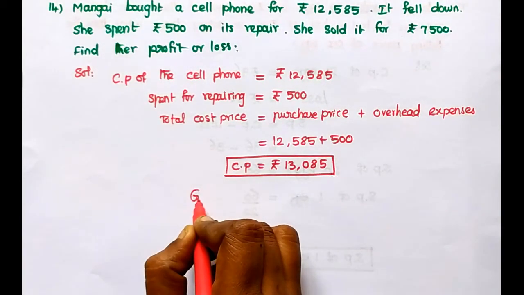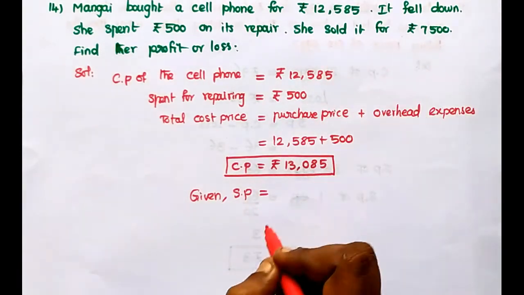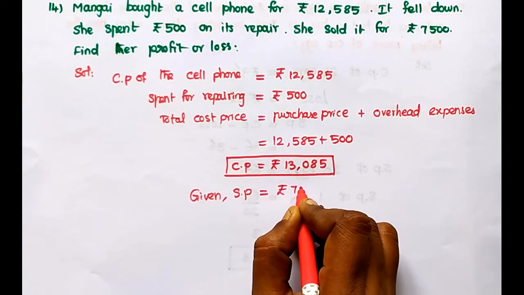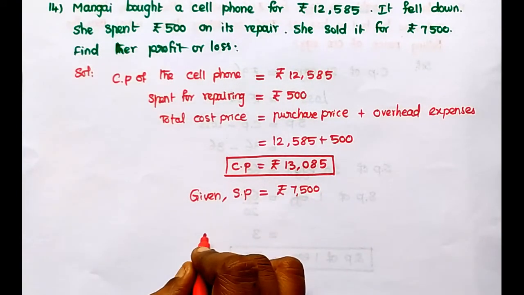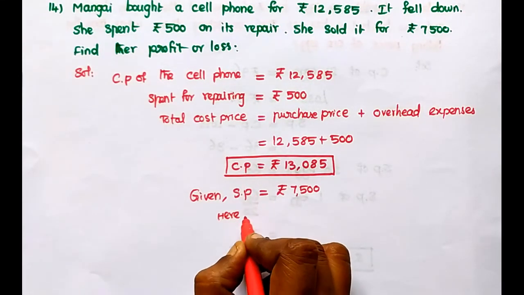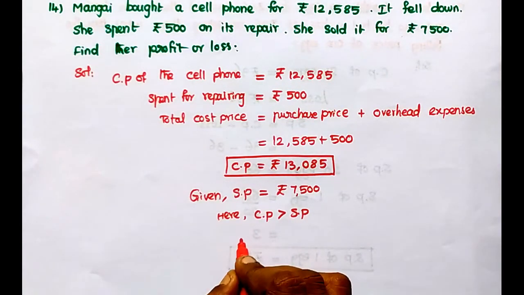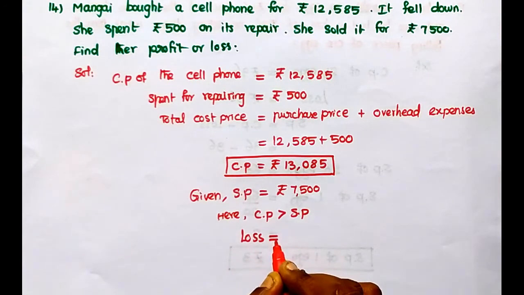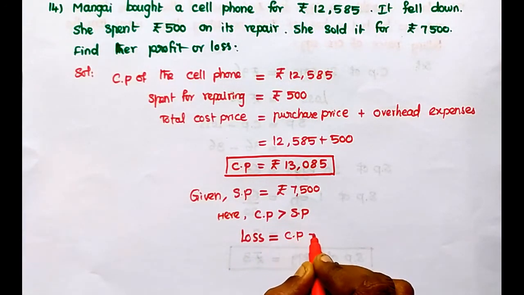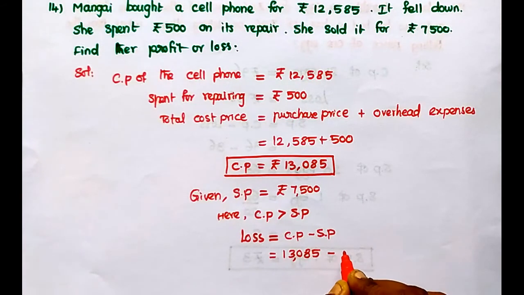Now they gave a selling price, that is rupees 7,500. Here, let's compare the selling price and cost price. Cost price is greater than selling price. That means loss. How much loss? That is cost price minus selling price equal to 13,085 minus 7,500.